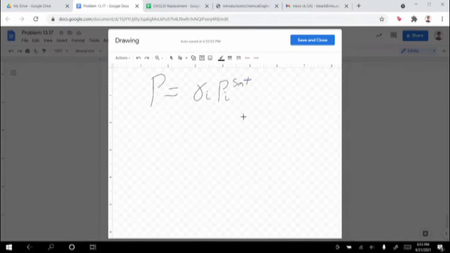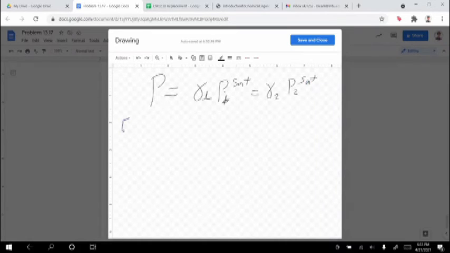And since it's an azeotrope, we can rewrite this with a 1 instead of an i, and put another equal sign here and do gamma 2 P2 sat, because these will be equal. So in order to do this, we're going to sub in our expression for these two. This is a known, this is a known, and then we'll just have to find the x1 or x2, whichever way we choose, that satisfies this expression.